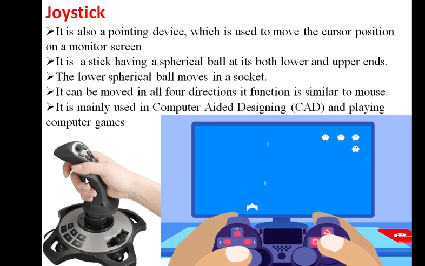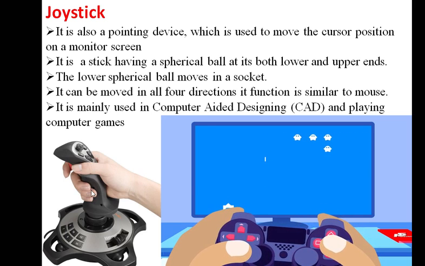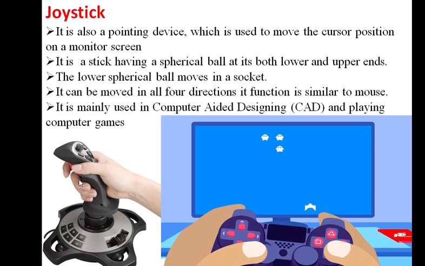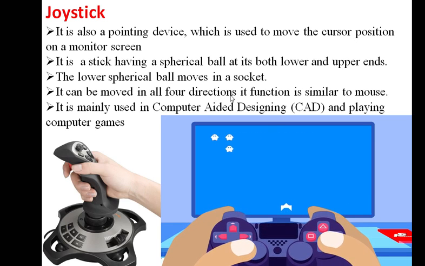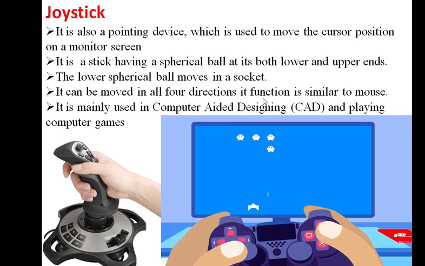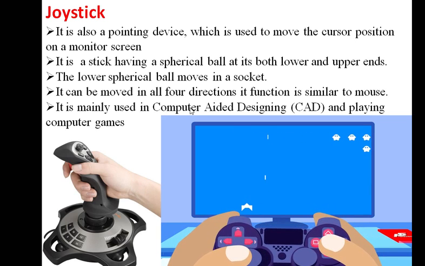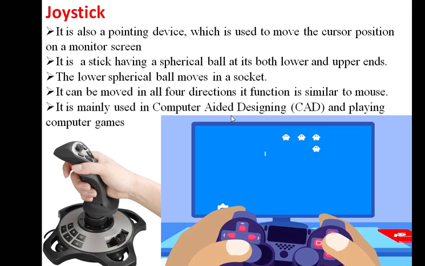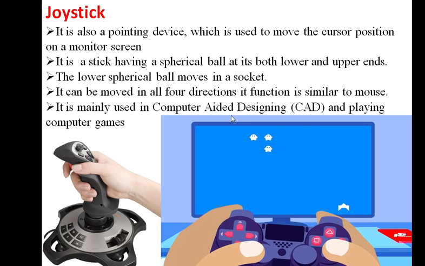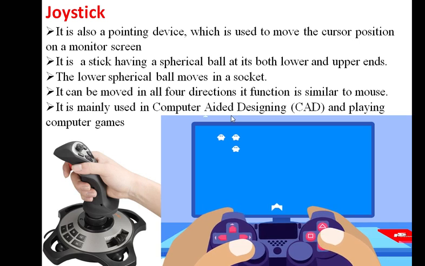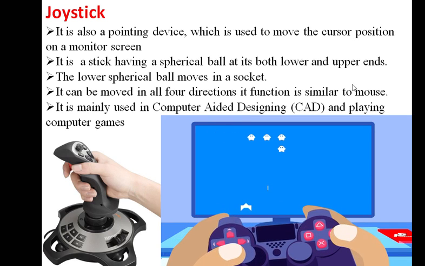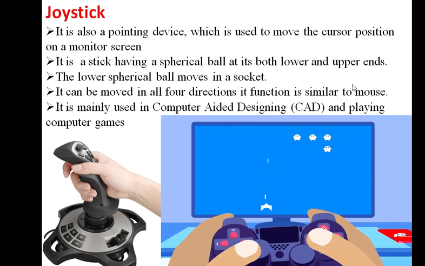The lower spherical ball moves in a socket. It can be moved in all four directions. Its function is similar to a mouse. It is mainly used in computer aided designing, that is CAD, and also playing computer games. So this device we can call joystick.